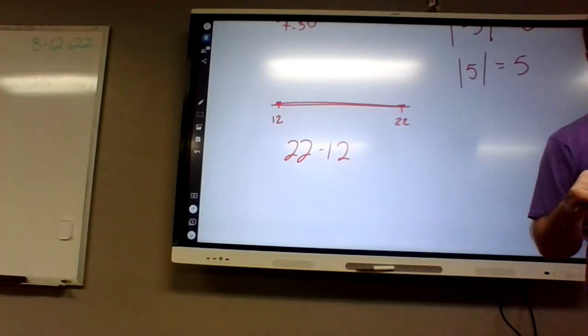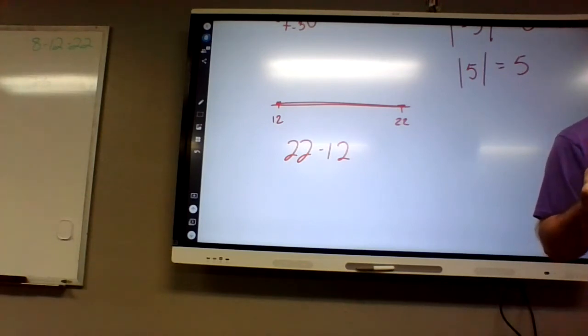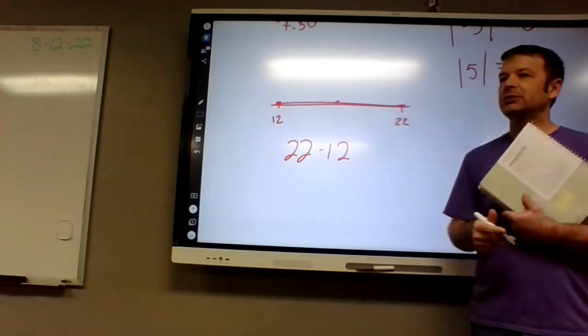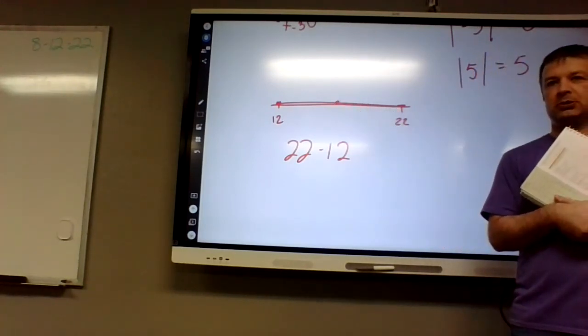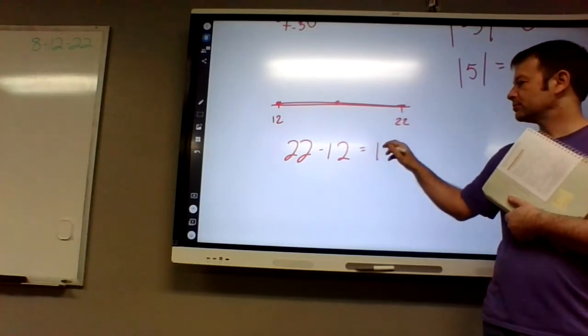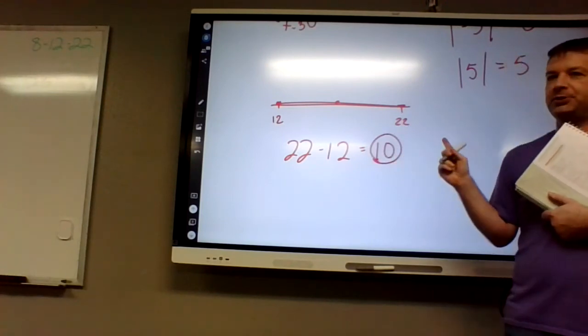Okay, and then the second question, there's two questions on this part. Find the midpoint. Now we didn't talk about this. Is that the middle? Middle. So what's the coordinates of the midpoint? The number between. 17. Okay, there's two ways to do it.